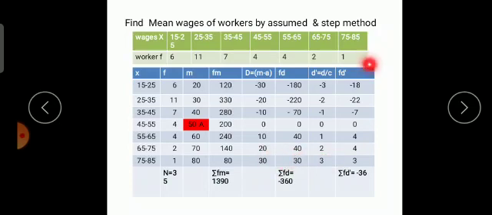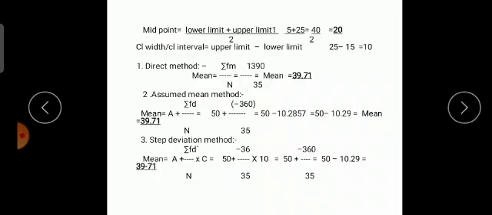We need the fd dash column, so you multiply the f column into the d dash column: 6 3s are 18, so minus 18, 11 into minus 2 is minus 22, 7 into minus 1 is minus 7, 4 into 0 is 0, 4 into 1 is 4, 2 into 2 is 4, 1 into 3 is 3. When you add the fd dash column, you get summation fd dash, that is minus 36.